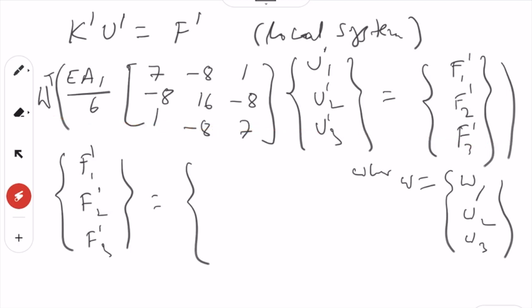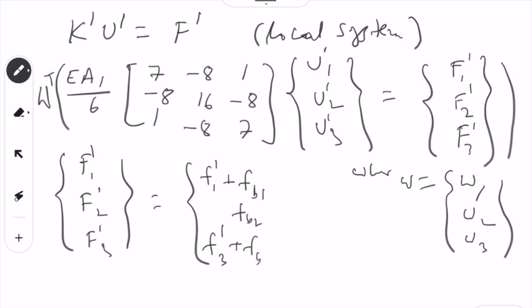Now here F1, F2, F3 will be, as I said earlier, one which comes from F1 1, this will be F1 3, then plus you will have FB1, FB2 plus FB3, which is equal to FB1.